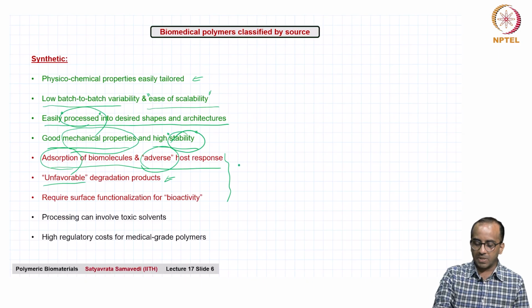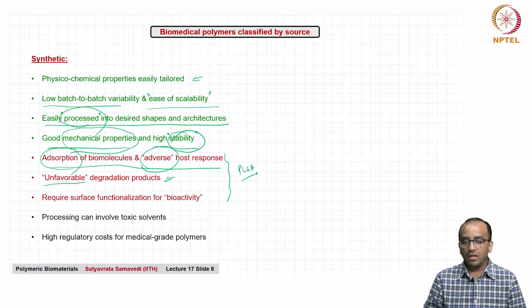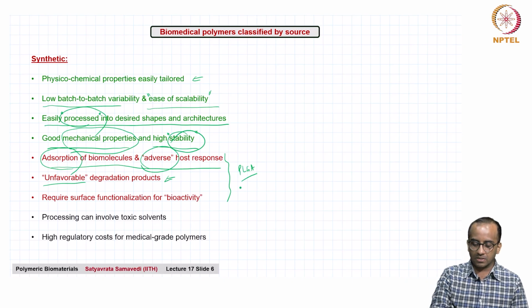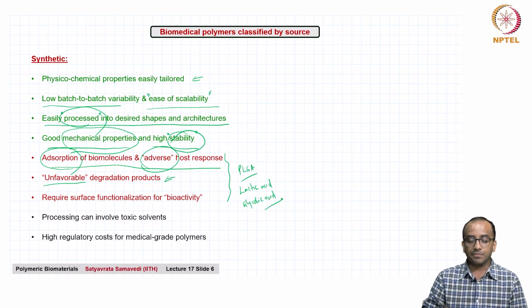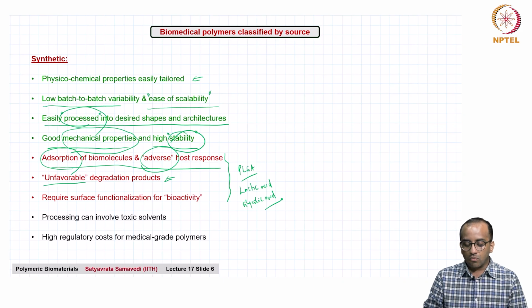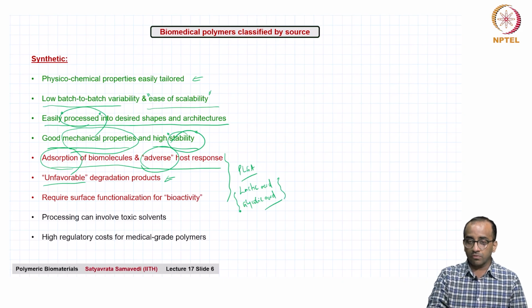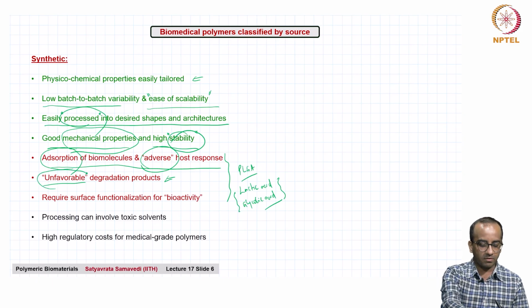Those kinds of materials will not even make it to that stage, but even something like PLGA, for example, which is a polymer we have looked at quite a bit in this course, it's going to lead to degradation products that are naturally found in the body. So, lactic acid and glycolic acid. Now, these two molecules are naturally found in the body, so one would expect that they would not be considered unfavorable.